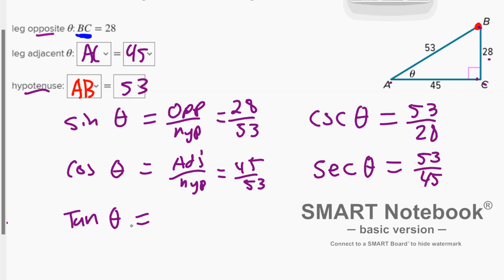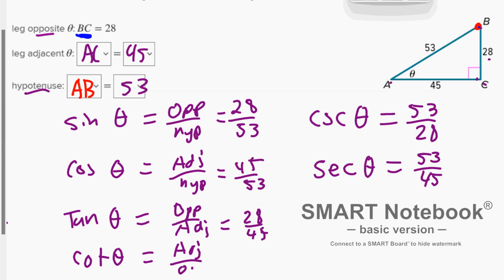Tangent's probably the easiest to remember. Tangent is opposite over adjacent, which would be 28 over 45, and its reciprocal is cotangent. These are easy to identify. The reciprocal is adjacent over opposite, so just flip the fraction, 45 over 28. So that's how you can do it.